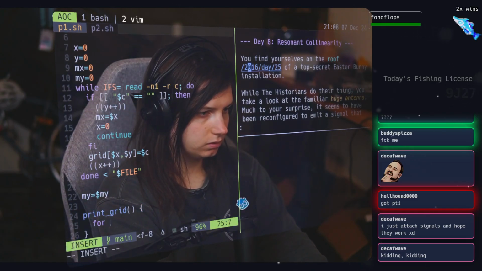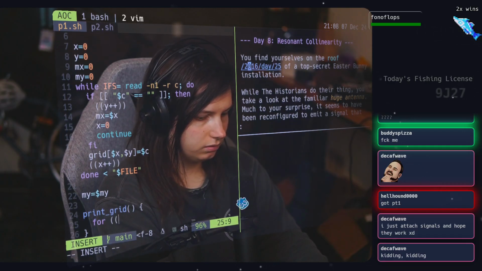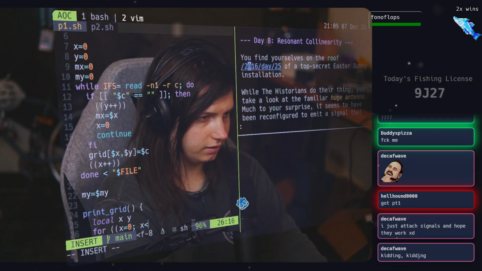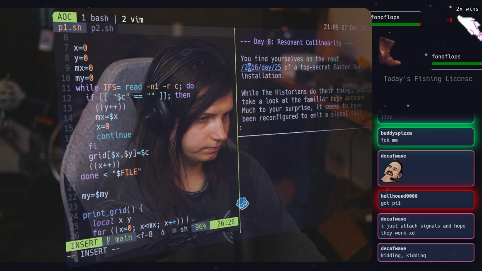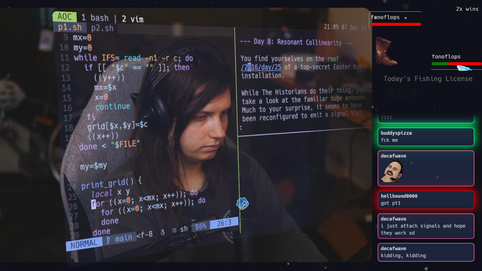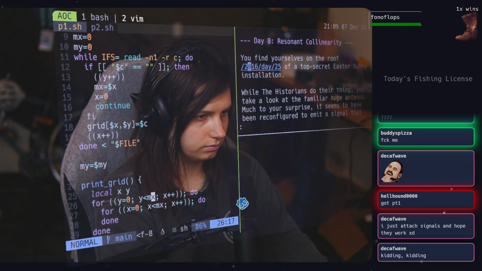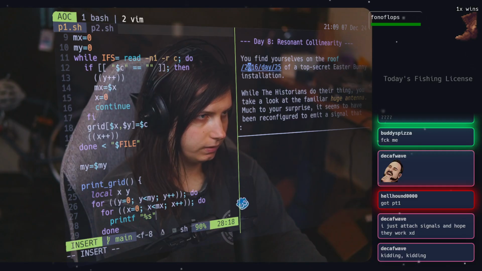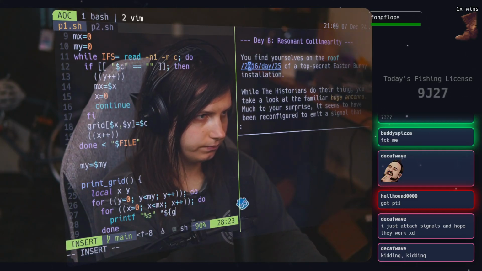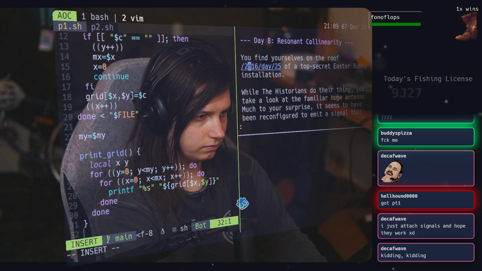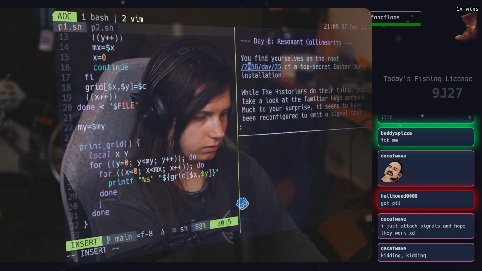For x equals 0, x less than mx. Printf grid x y, echo.